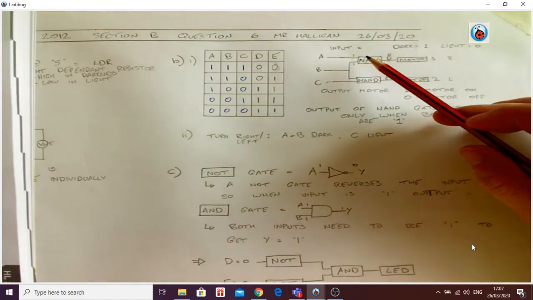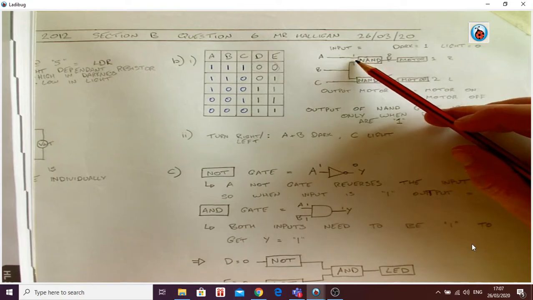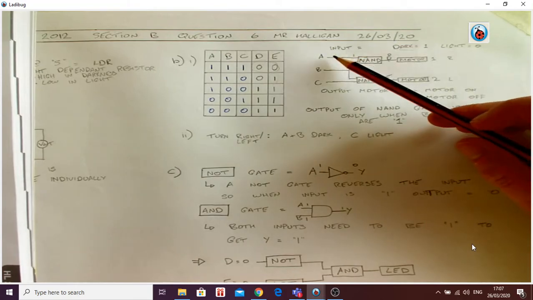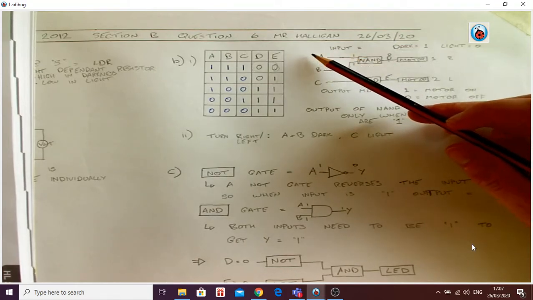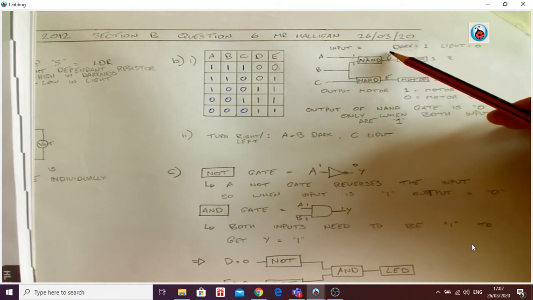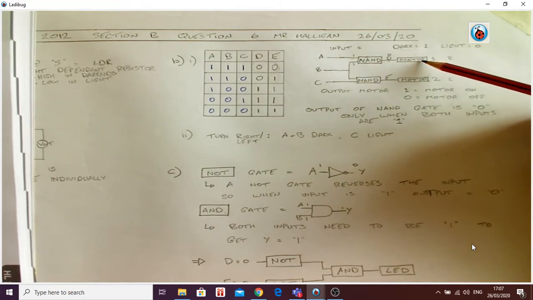Now, when is A and B 1? When the inputs are 1, they're in darkness. So when there is no light being detected at A and B, there are two inputs of 1. The NAND gate flips that around and gives you out a 0, not turning on the motor.